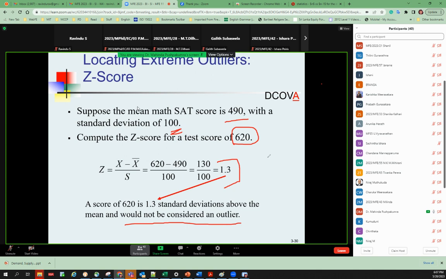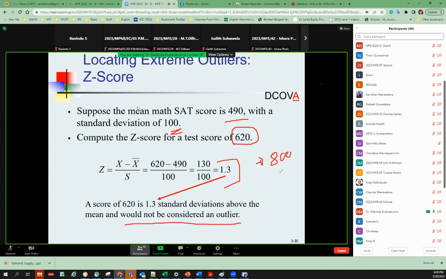Then let's say another value. If you take the value 800, do you think that this is an outlier? Please calculate and send your answer into the chat box.